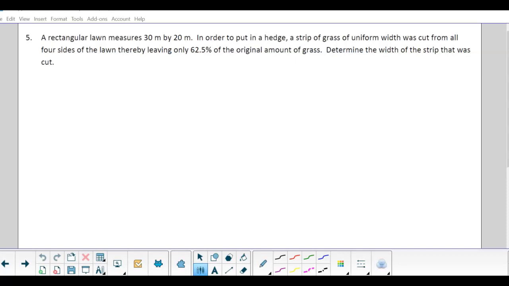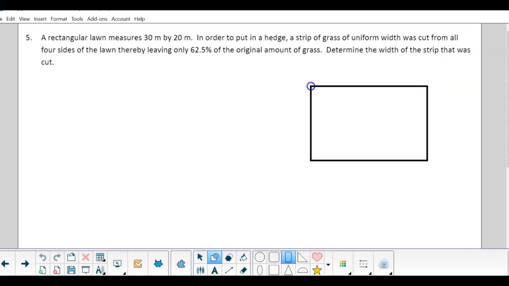In order to put a hedge, a strip of grass of uniform width has to be cut along the outside of your lawn. So if I drew a rectangle here, I want to cut like that. Hedge is going to go here, so this grass is going to be cut away.